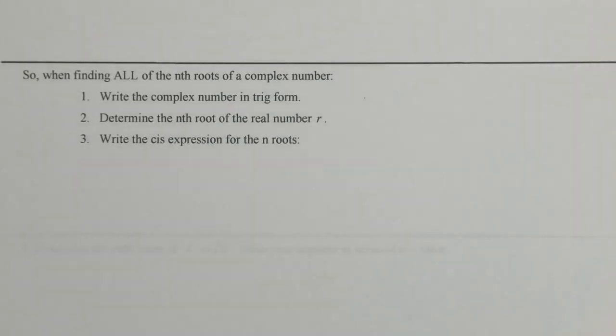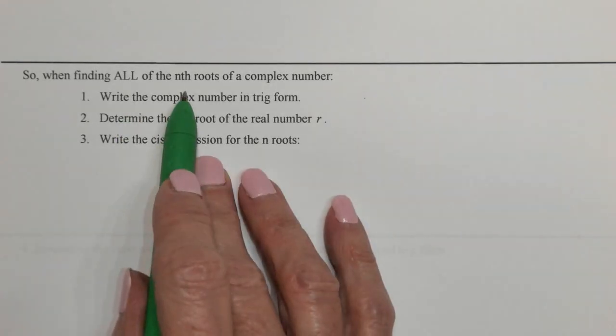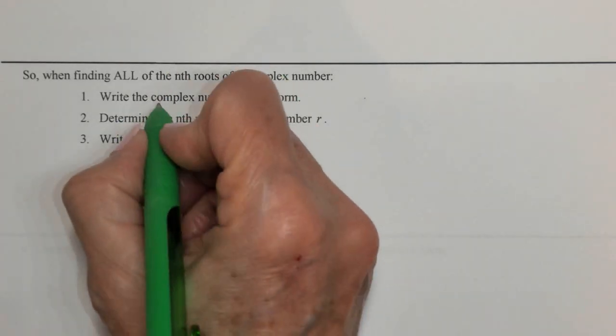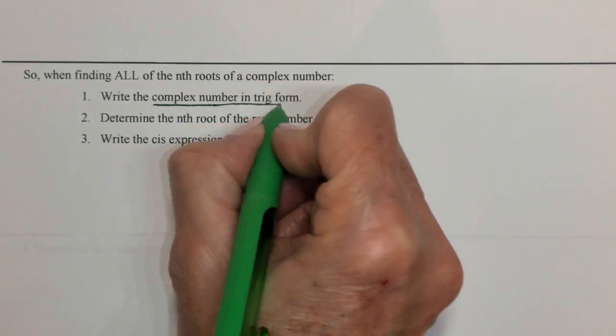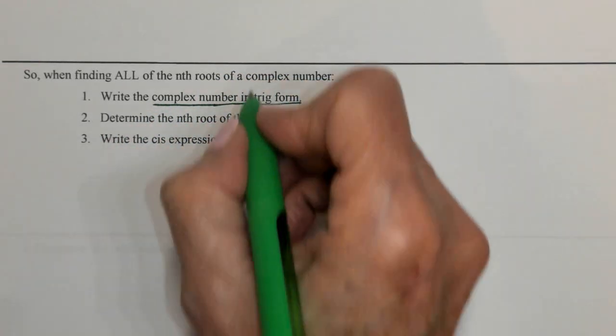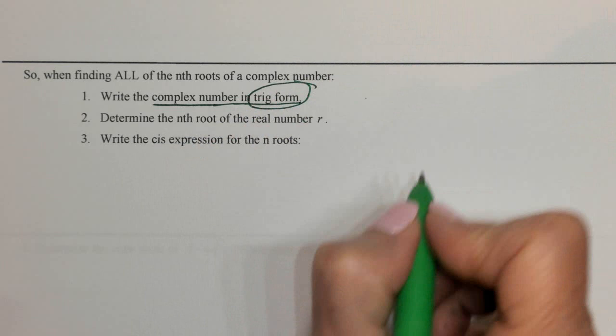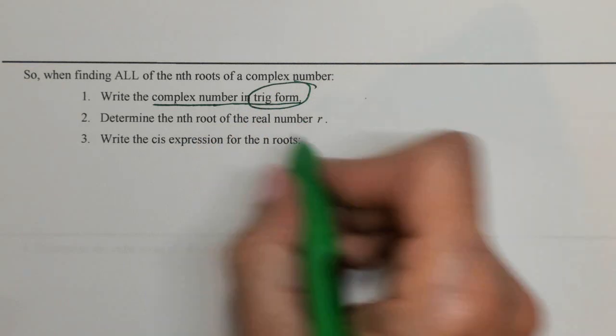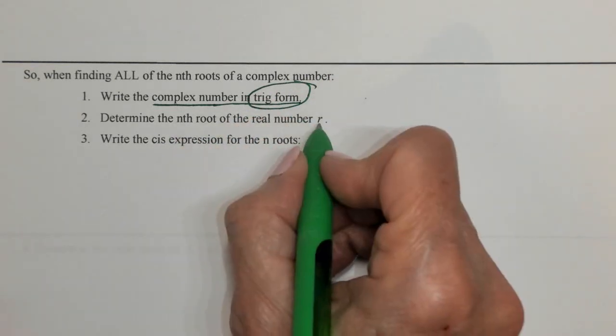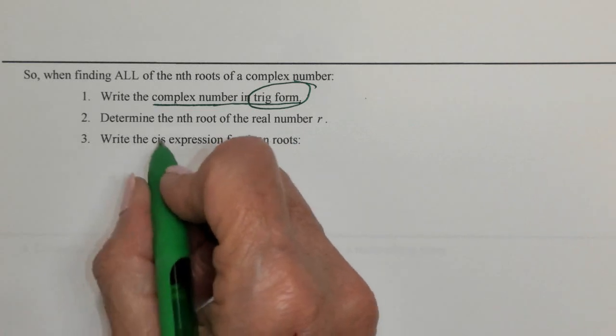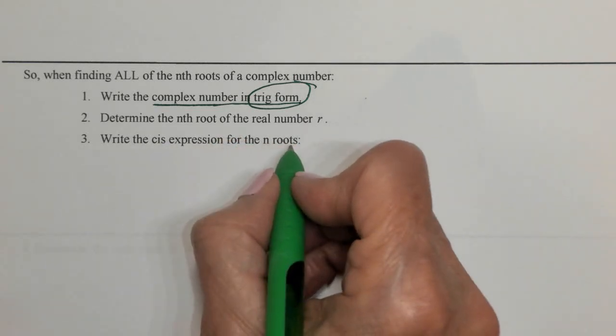Okay, so when you are finding all of the nth roots, number one, write the complex number in trig form. Write it in trig form. Find the nth root of your real number, and then write the cis expression for the n roots.